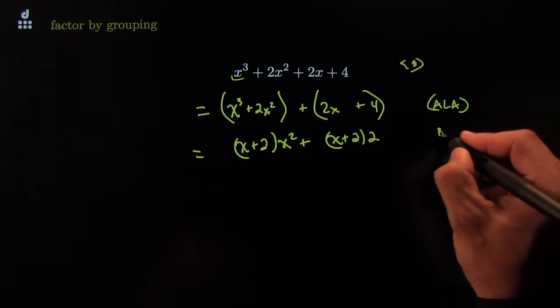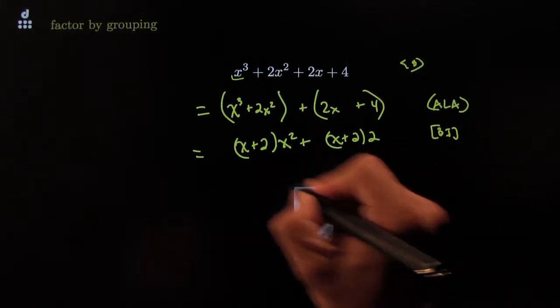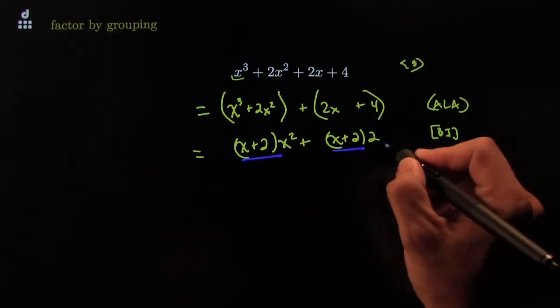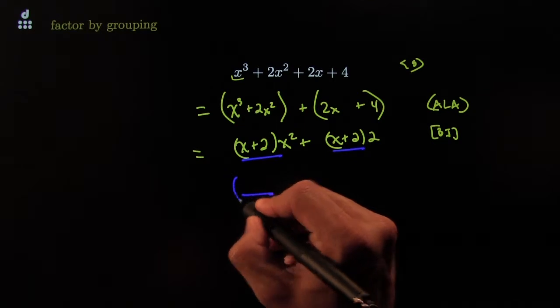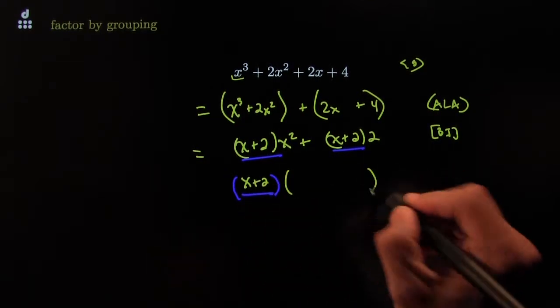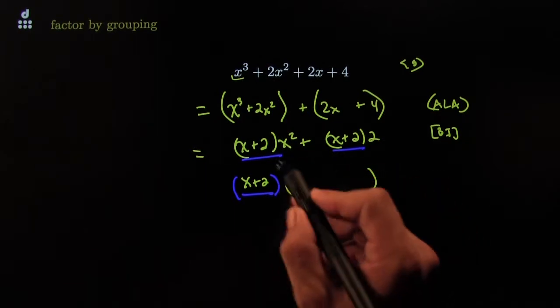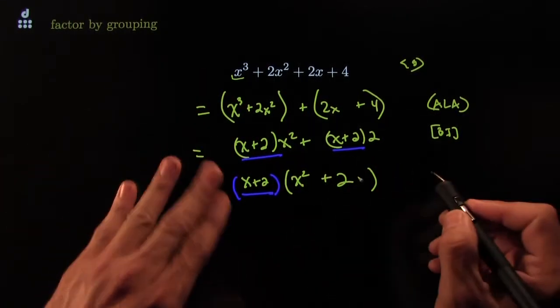And now look at what happens here. This is x plus 2, and this is x plus 2. That's the common thing that they both have. So I'll factor that out and set my x plus 2 aside here, and try to see what's left. After I factor this out, I get x squared plus 2.